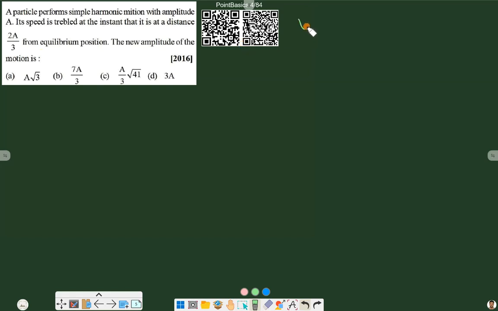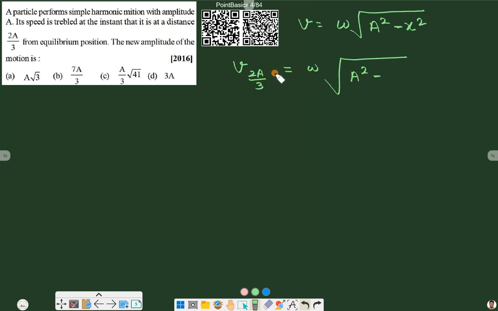So we know the formula for velocity is omega root of a square minus x square, where x is displacement from the mean position. So v at displacement 2a by 3 from mean position will be omega root of a square minus 2a by 3 whole square, that will be 4a square by 9, and what we will get, omega root of 5a square by 9, so it will be omega a root 5 by 3.